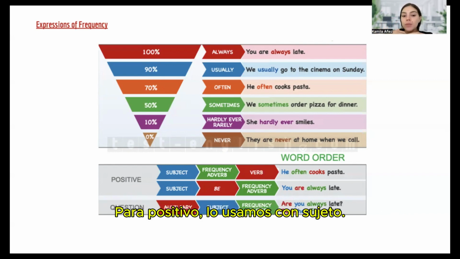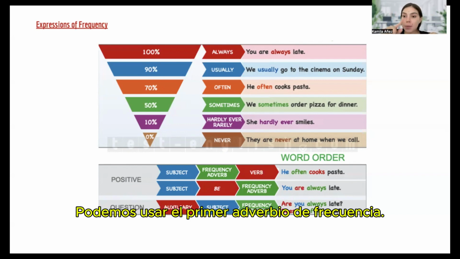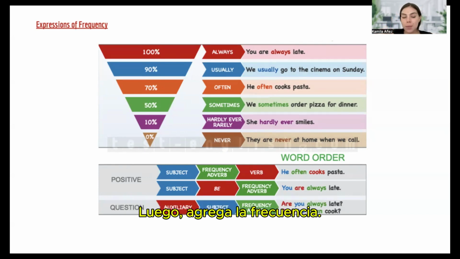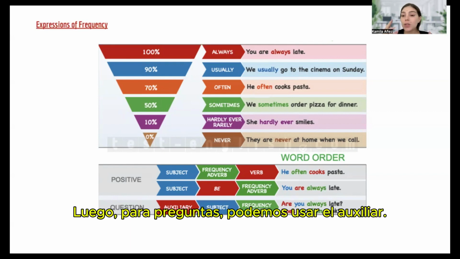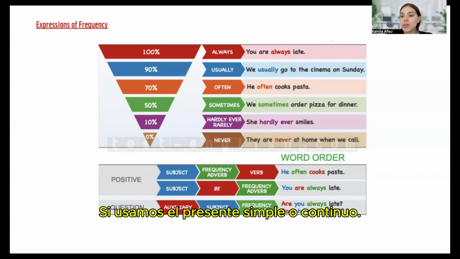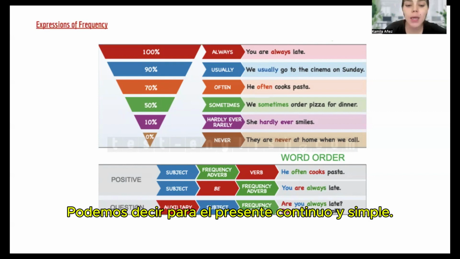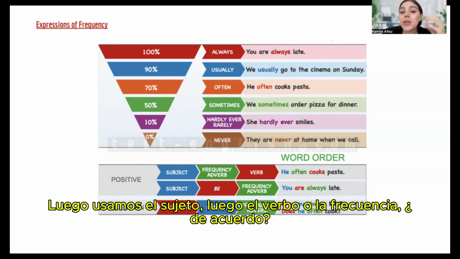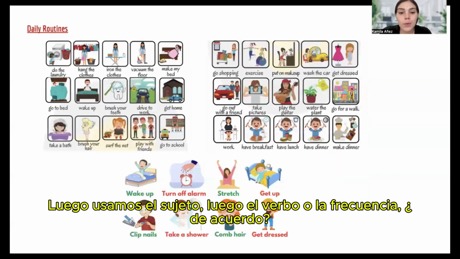Okay, for positive, we can use it with subject. We can use first adverb of frequency, then verb, and we can use first verb to be, then adverb of frequency. Then for question, we can use auxiliary if we are using present simple or present continuous. We can use are or does. Then we use subject, then adverb of frequency.